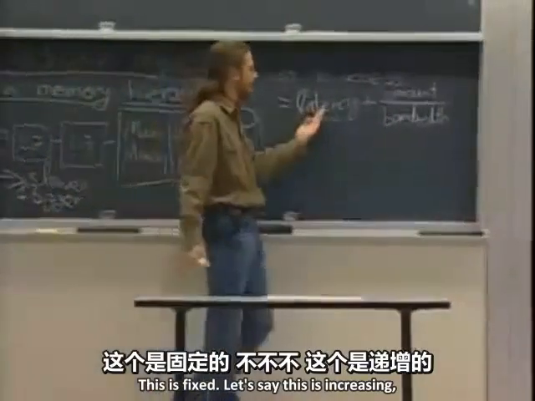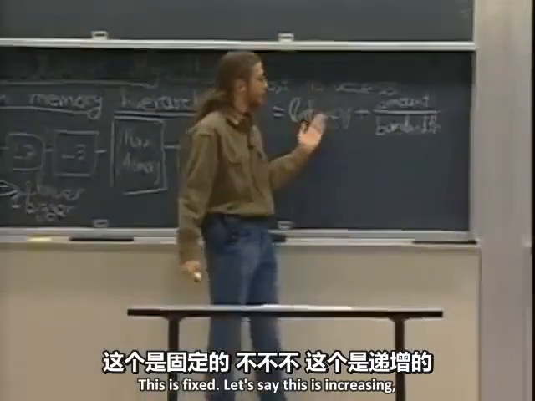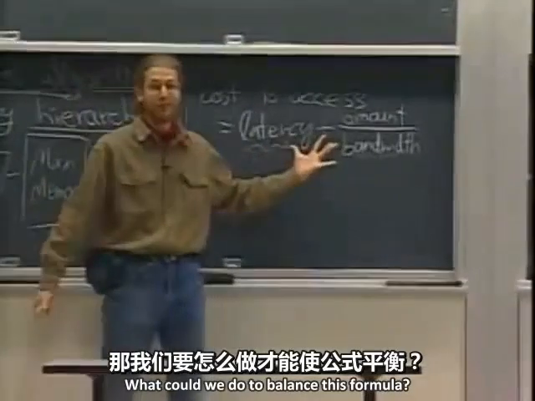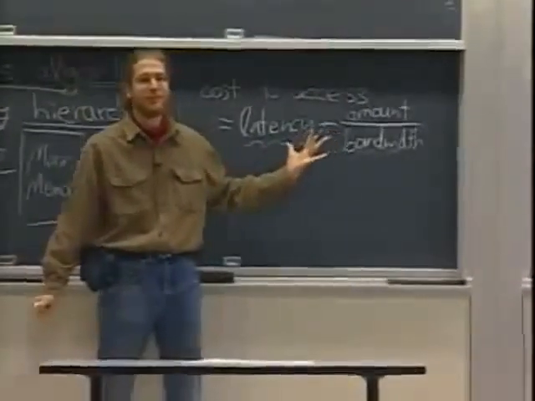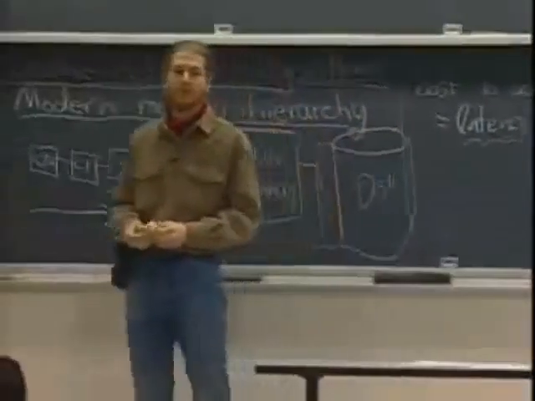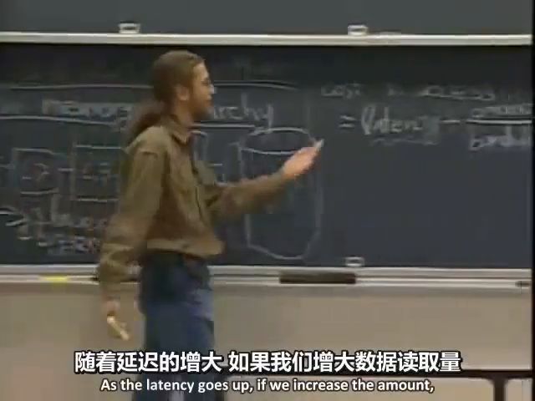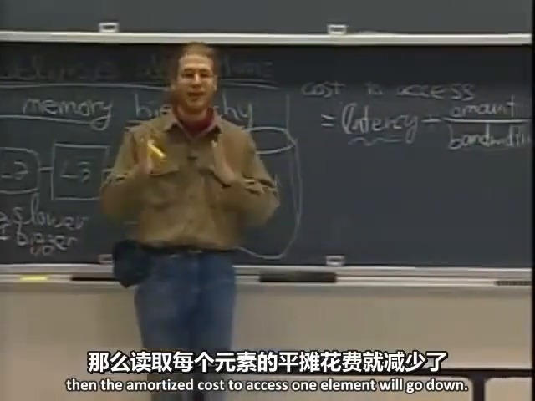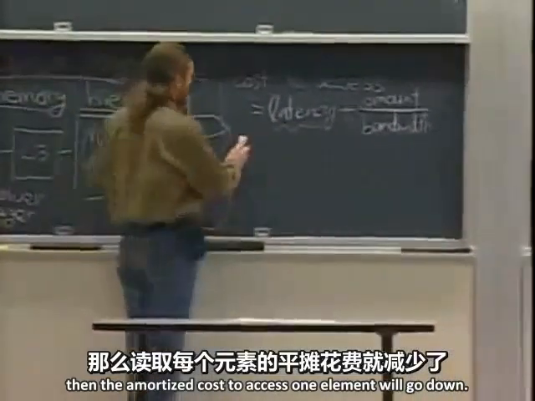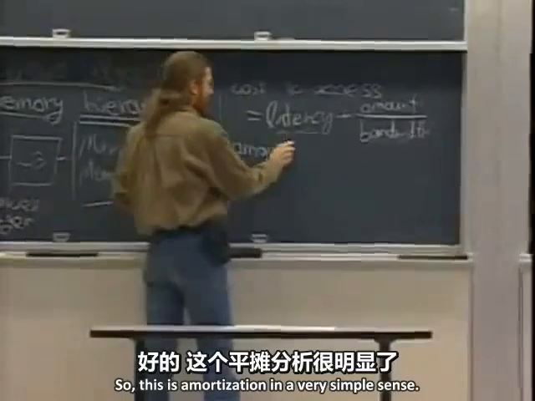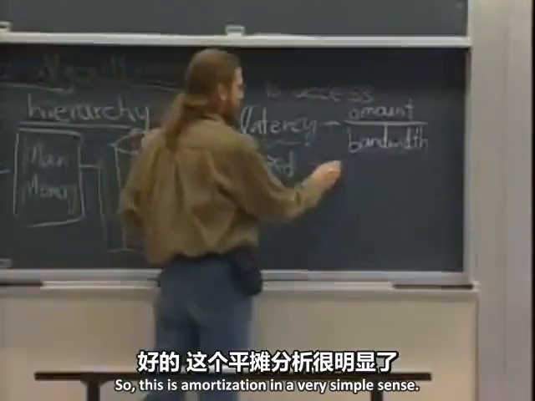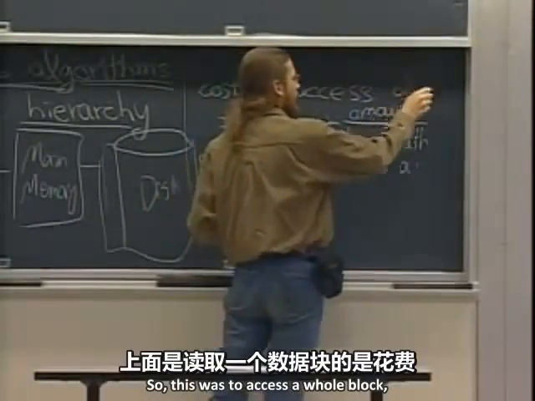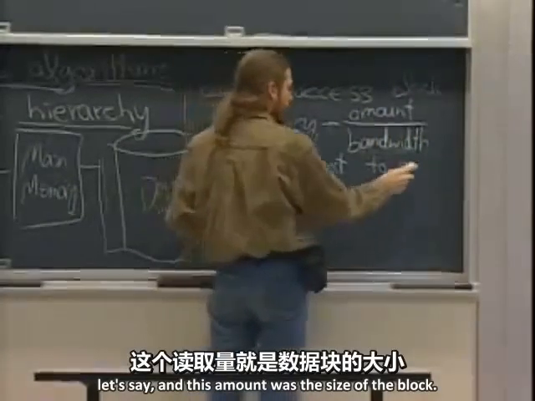If this is fixed, let's say this is increasing, but this is still staying big, what could we do to balance this formula? Change the amount. As the latency goes up, if we increase the amount, then the amortized cost to access one element will go down. So this is amortization in a very simple sense. This was to access a whole block, let's say, and this amount was the size of the block.